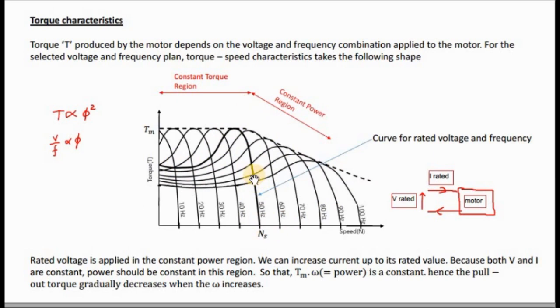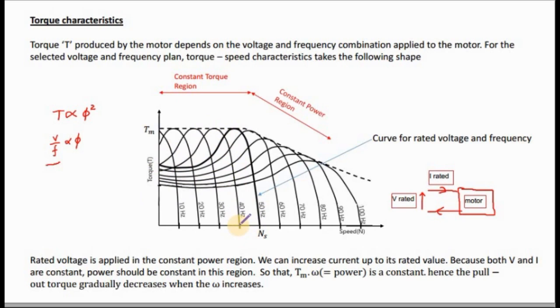So you can run this motor at a lower speed, let's say 40 Hz. Now if you do not apply the correct V by F value, you can't get this curve at 40 Hz.